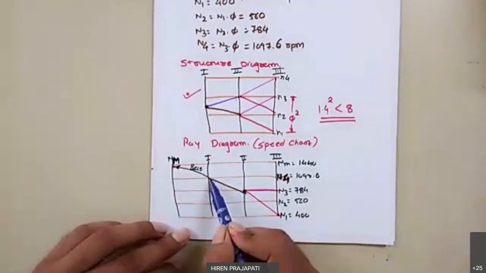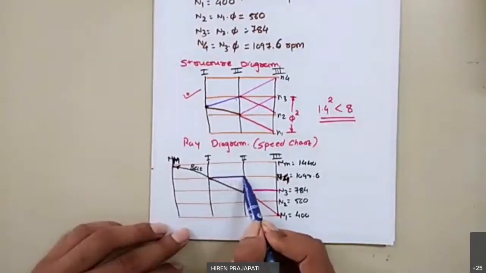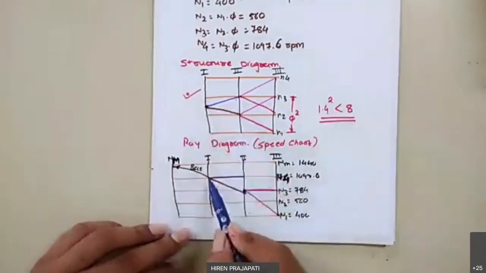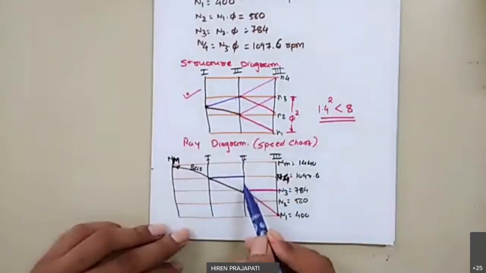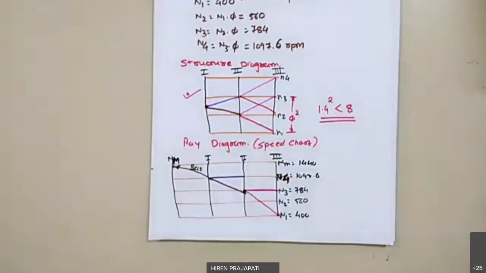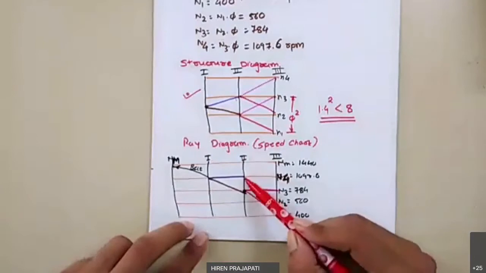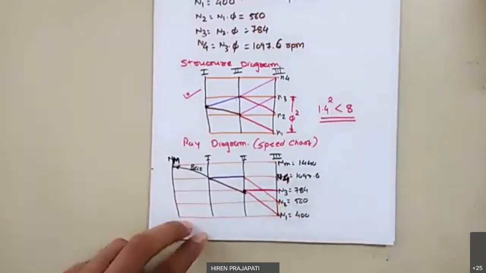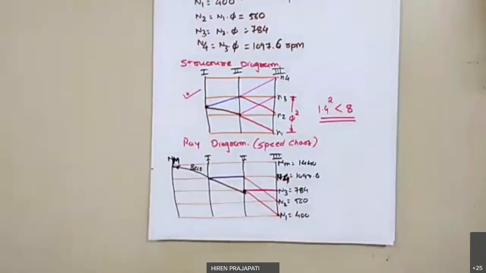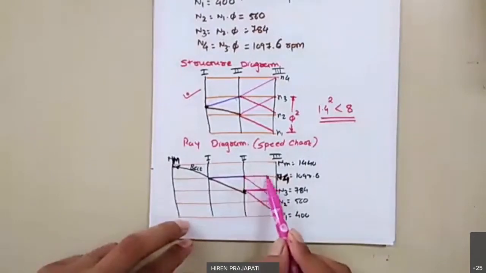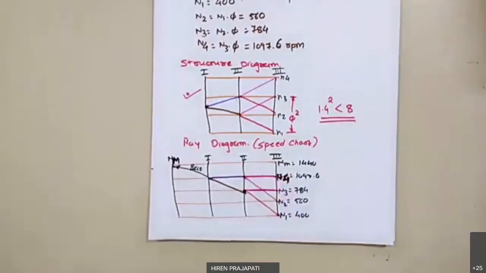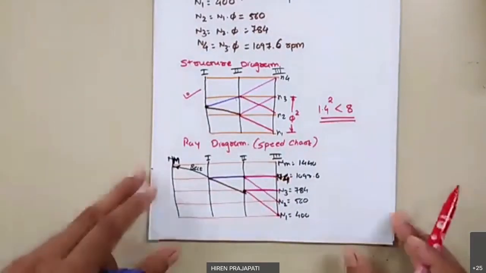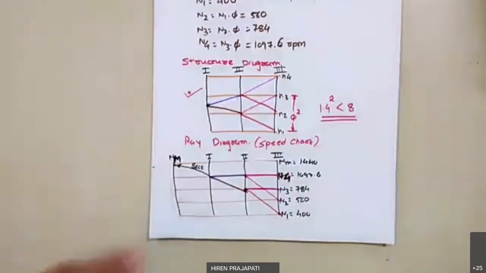From here, this line is here, so again we maintain 5:1. Now from this node to N2 and from the same node N4. So this is the complete ray diagram for the given data.